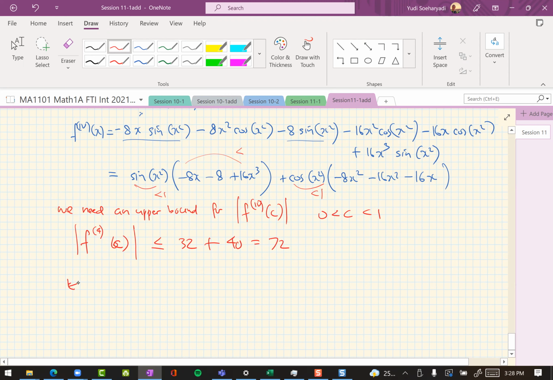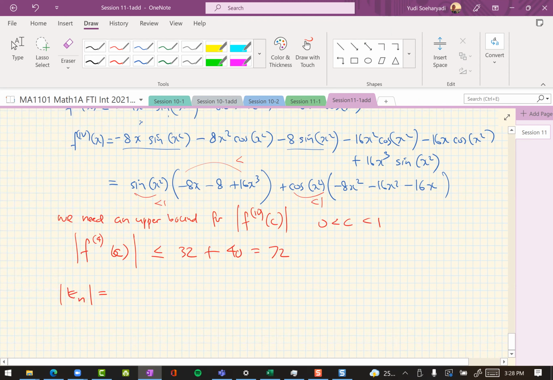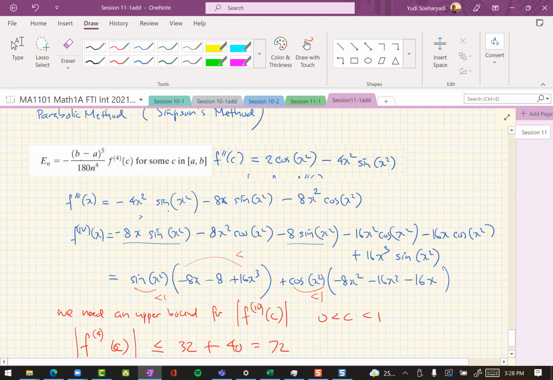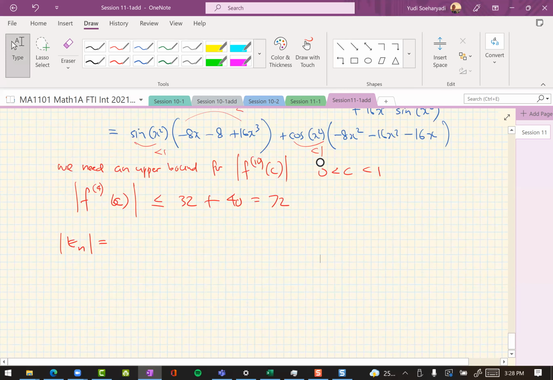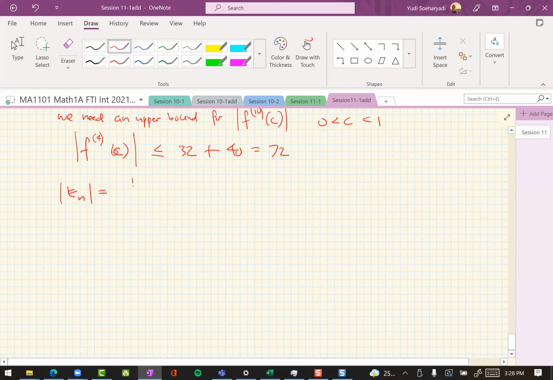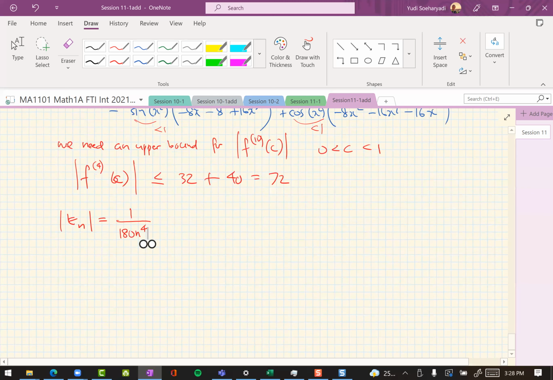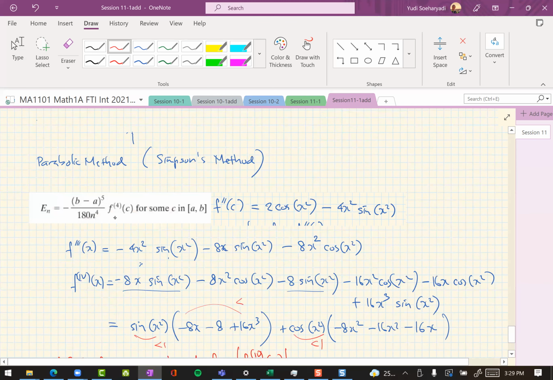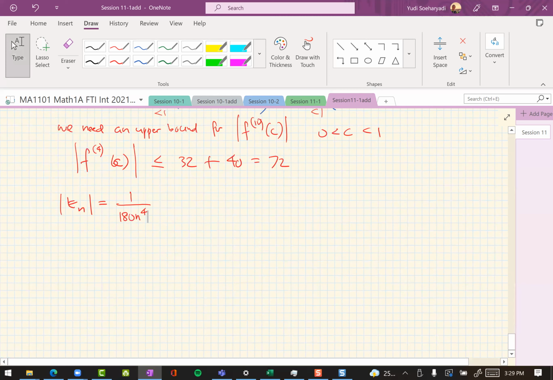Okay, so let's see. Our E_n is 1 over 180 n to the fourth times the upper bound for the fourth derivative.